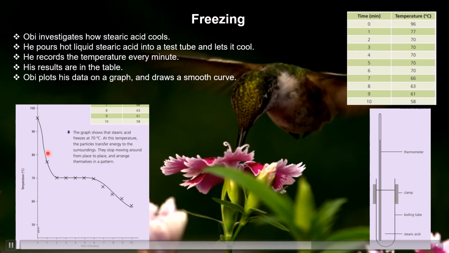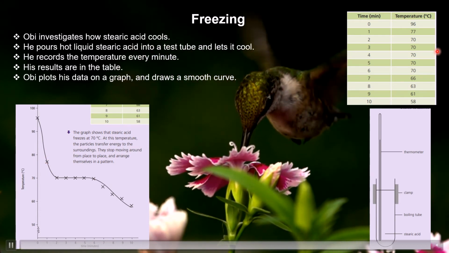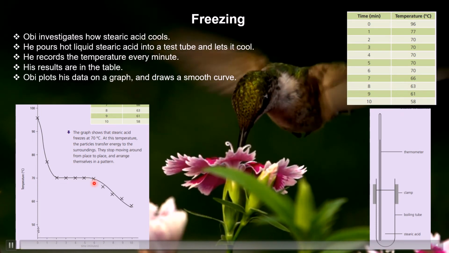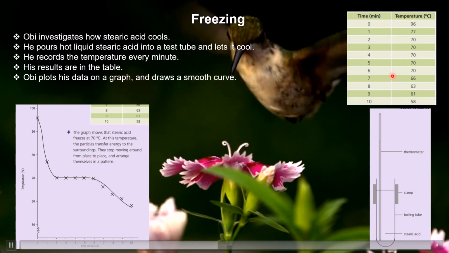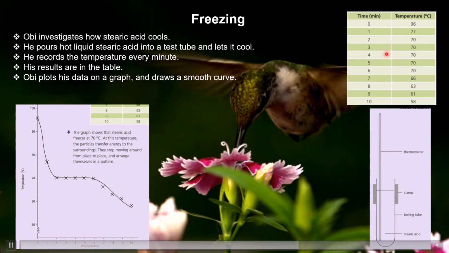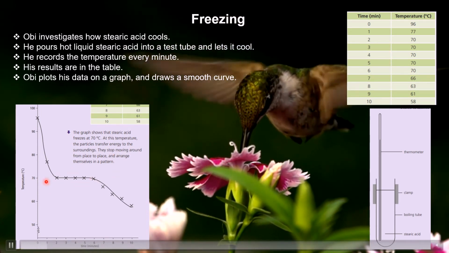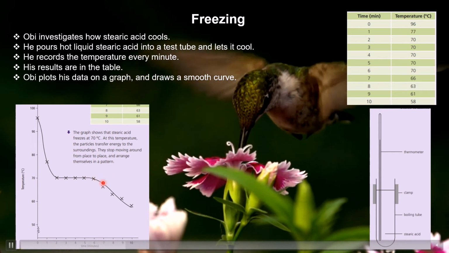Okay, so as you can see, next is 70. It's straight for all 5 points, like 1, 2, 3, 4, 5. Yes, for the 5 points it is at 70. It remains at 70, then it starts to go down.